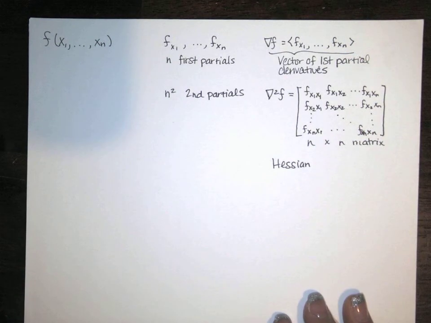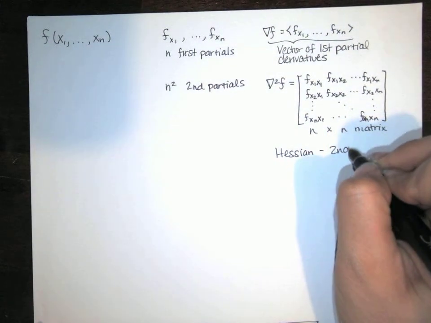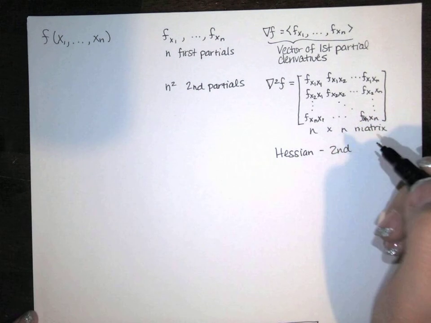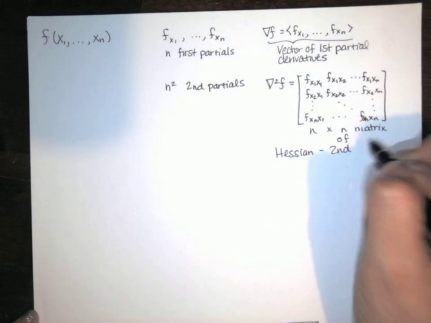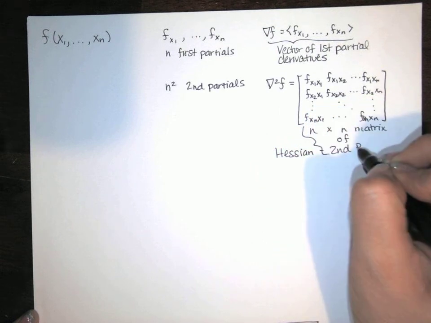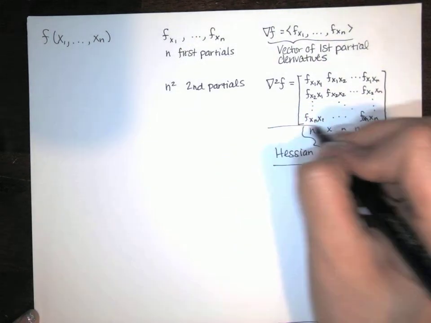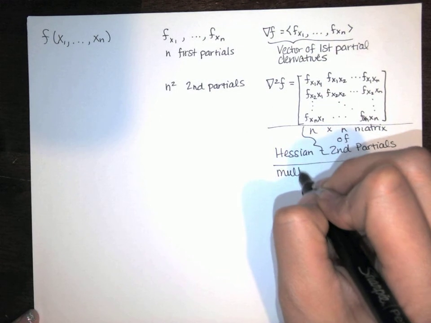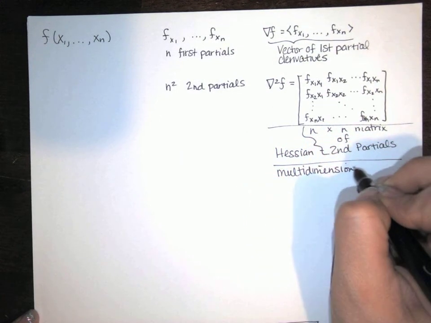So you've got this n by n matrix. It's the n by n matrix of second partials. That's what the Hessian is. And this is the multidimensional analog of the second derivative.